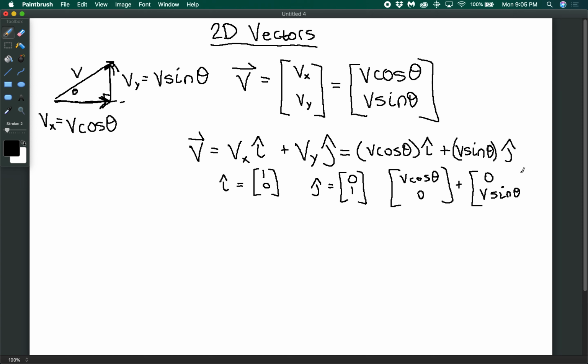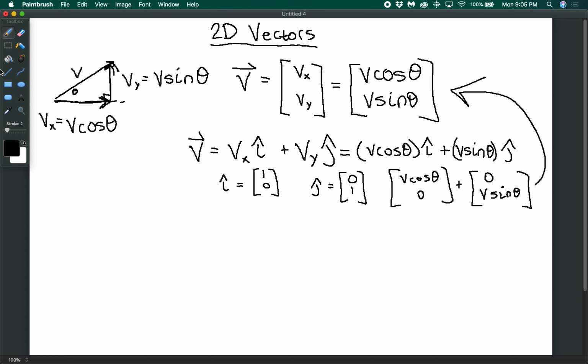And the way you add vectors in component form like this is you add all the components that are in the same spot: add all the x components together, add all the y components together. So then this gives me this vector over here, because v cos theta plus 0 is v cos theta, 0 plus v sine theta is v sine theta. And so that's how we can express a vector in terms of its components and still have a complete picture of that vector.